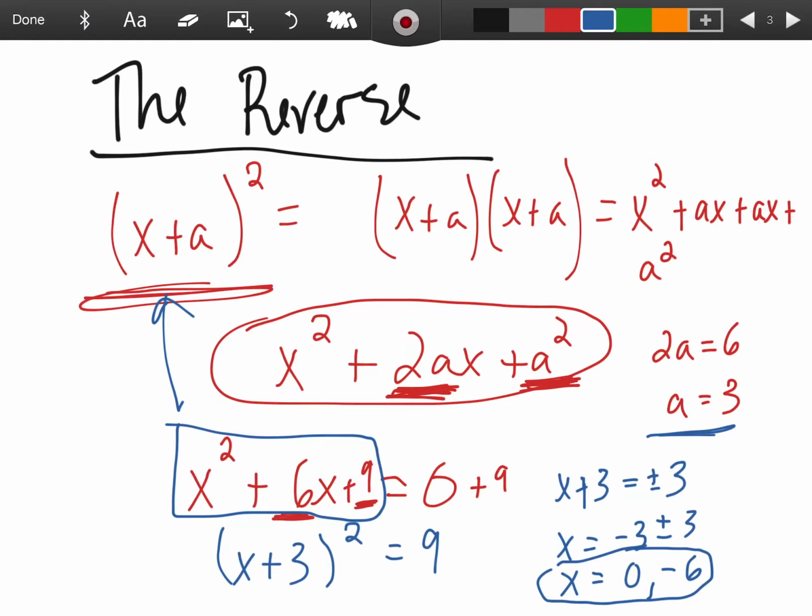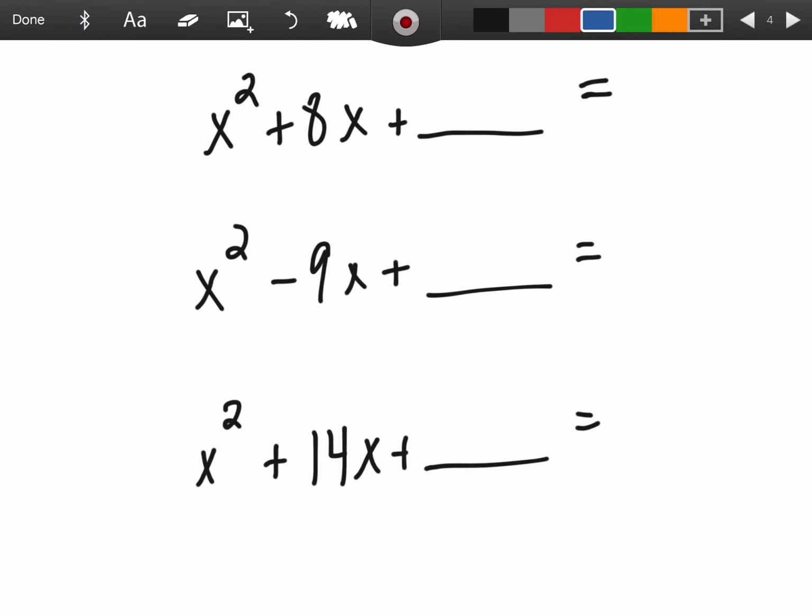So let's take a look. We're just going to practice here on completing the square on each side. All you need to do is take that b term, divide by 2, and square it. So 8x, if we divide that by 2, that's 4 squared, gives me 16.